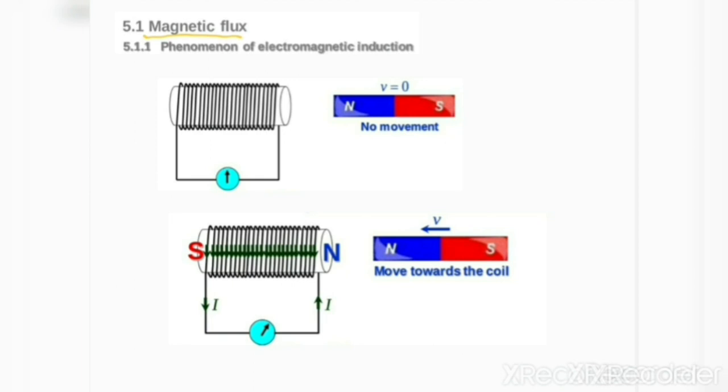Magnetic flux. Let's discuss the phenomenon of electromagnetic induction. From the experiment, when the bar magnet is stationary, the galvanometer does not show any deflection, meaning that no current flows in the coil. When the bar magnet is moved relatively towards the coil, the galvanometer shows a momentary deflection to the right.